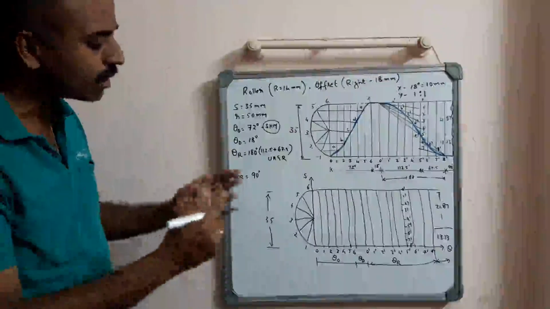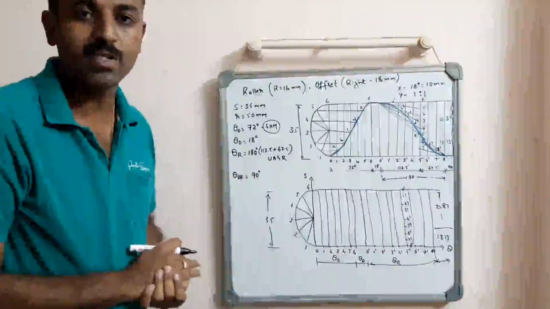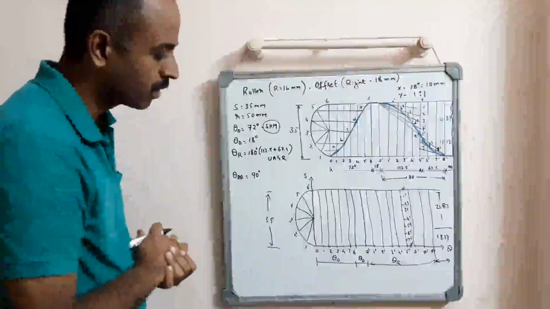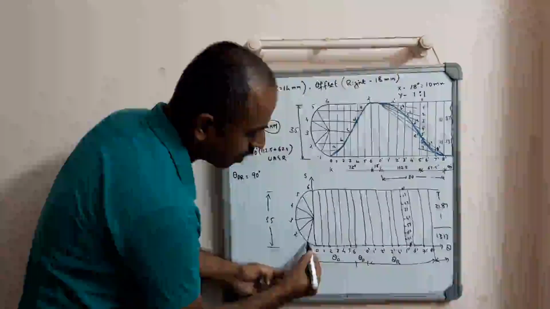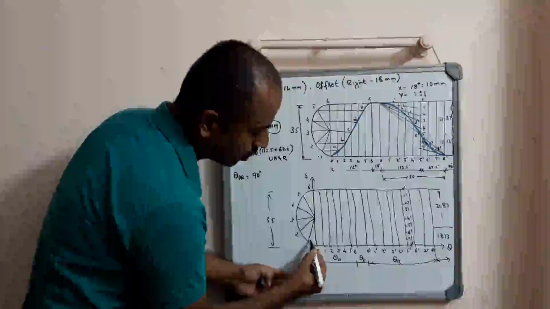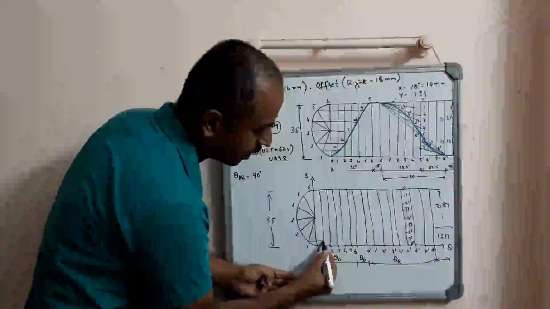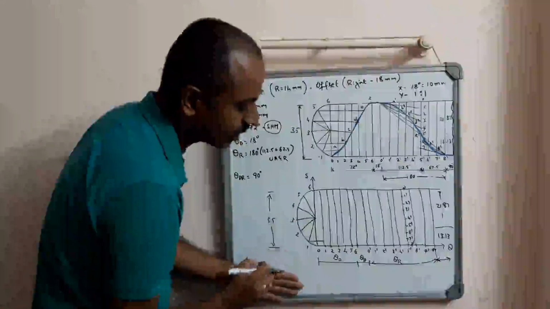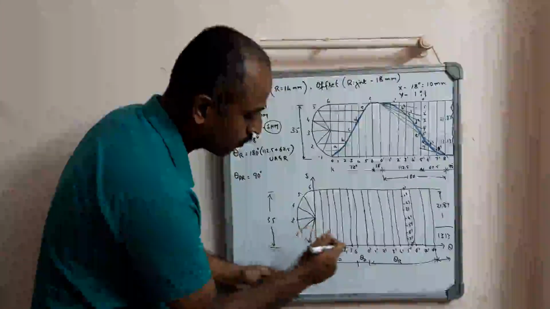Now, in order to draw the displacement curve for simple harmonic motion, we have 1 here and 1 here. Draw a horizontal line from 1 till it intersects the vertical division 1.